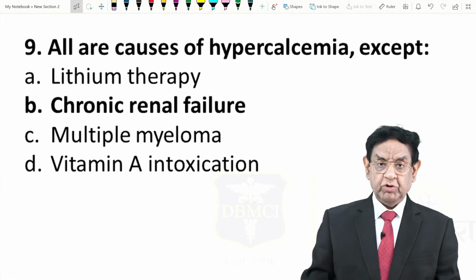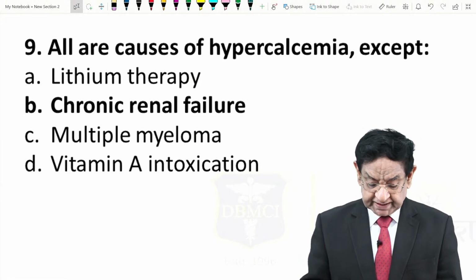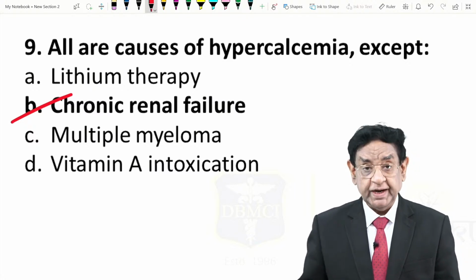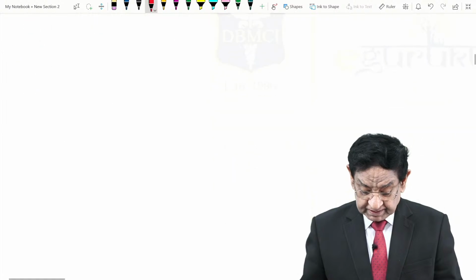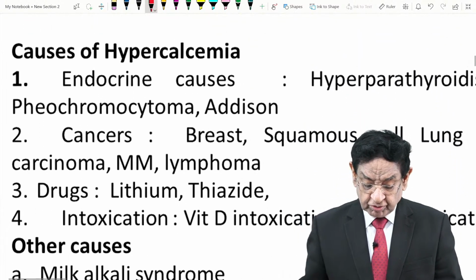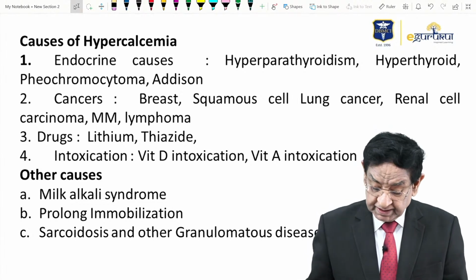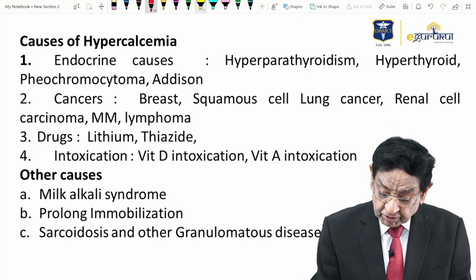Next question. All are causes of hypercalcemia except chronic renal failure. Well, let's learn more about the causes of hypercalcemia. There are certain endocrine causes.